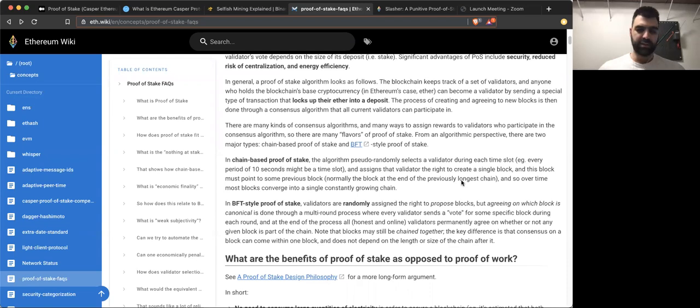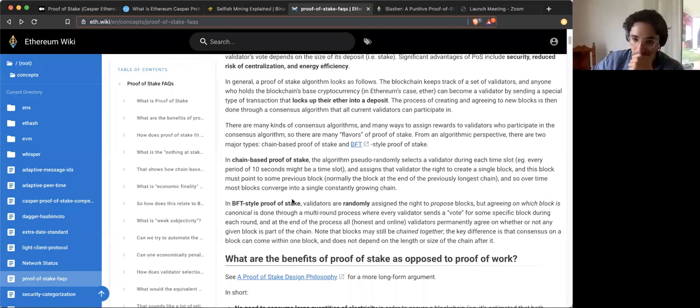Yeah. And so over time, just like proof of work, this thing will converge into the longest chain, which is the valid history. The difference between chain-based and this BFT style is that chain-based eventually converges to some history, whereas in BFT style, at every block height, the validators have decided which is the valid block. Mm-hmm.